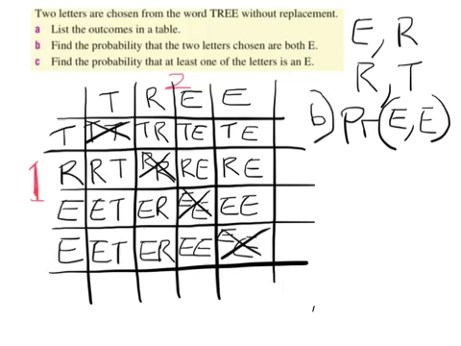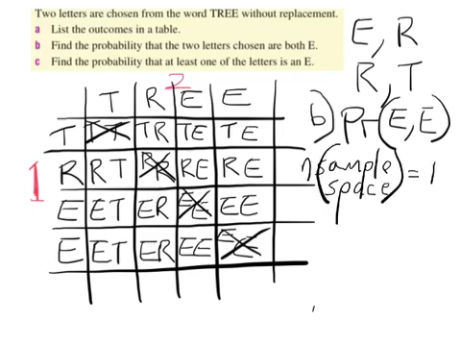So we have 1, 2, 3, 4, 5, 6, 7, 8, 9, 10, 11, 12. So our sample space available is 12. That's the number of outcomes available in the sample space, which we would call elements in the sample space, is equal to 12.